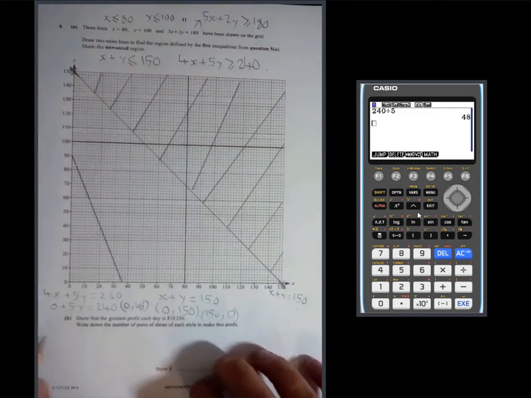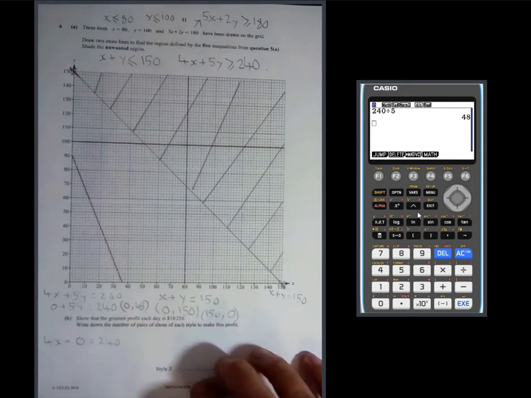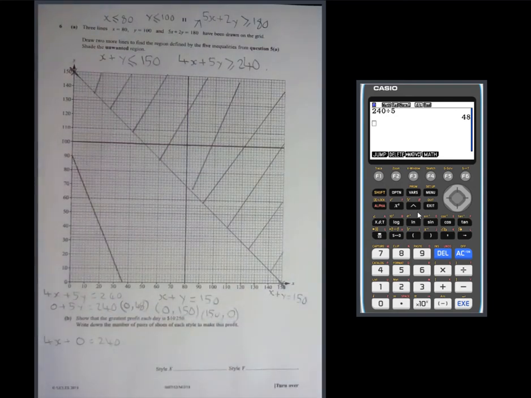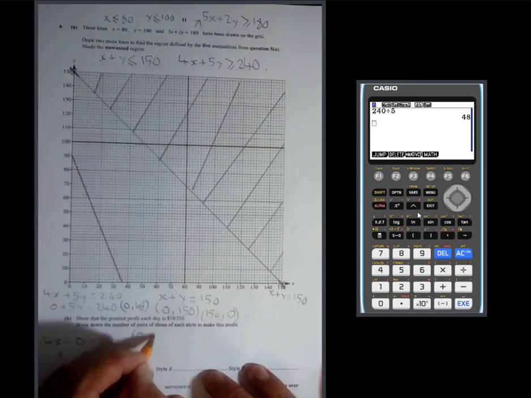If y was 0, so that would be 4x plus 5 times 0 equals 240. 4x equals 240, x is 240 over 4, which is 60. So that means x is 60 when y is 0.